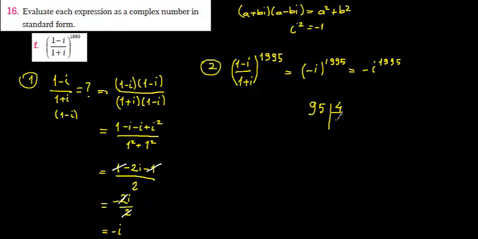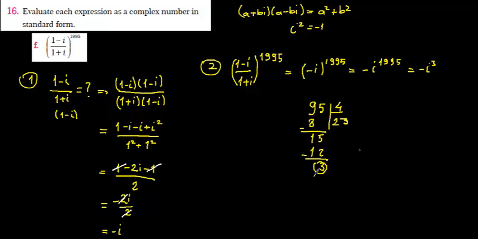So here 2 times 4 is 8, then 15: 3 times 4 is 12, and the remainder is 3. So this equals minus i to the power of 3.